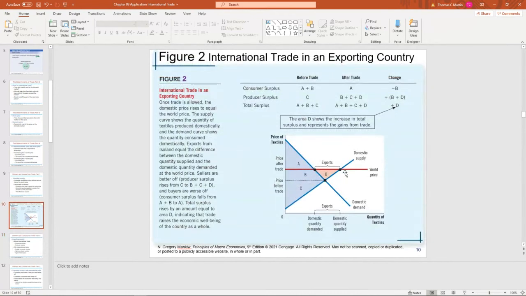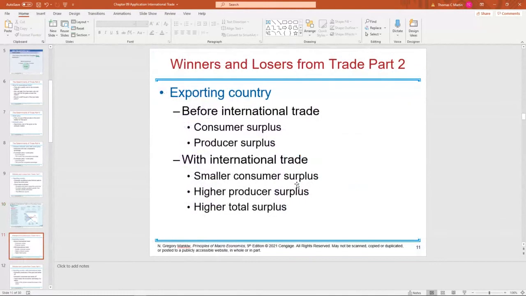So the producer surplus will go to B, C, and D, where the consumer surplus would move from A, B, D to just A, and B and D would be transferred over to the producer surplus. Because all these are domestic companies trying to produce the goods.